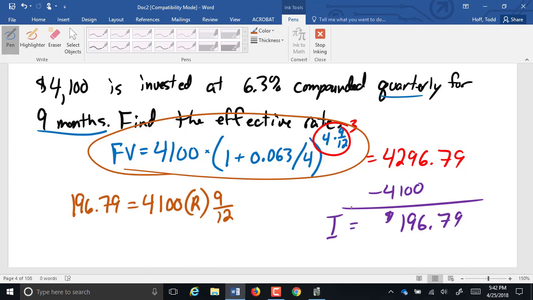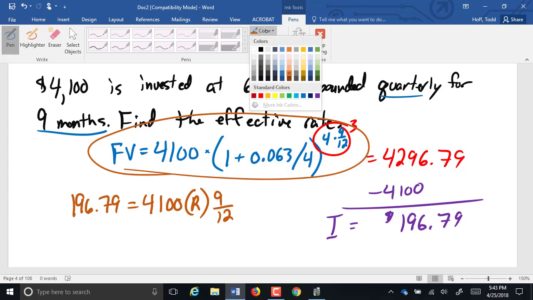Okay, so put it in along with me here. 4100 times, open parentheses, 1 plus 0.063 divided by 4, close parentheses, to the power of, and then parentheses, 4 times 9/12, close parentheses. Gotcha.